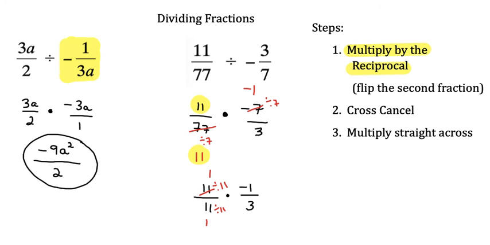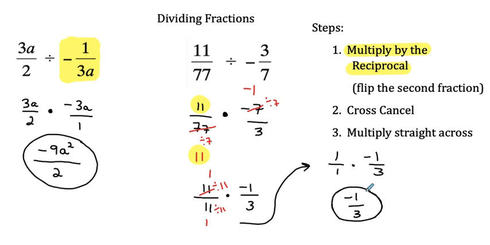So that's 1 over 1 times negative 1 over 3, and now multiply straight across. There's nothing else to simplify. So that's just negative 1 over 3.